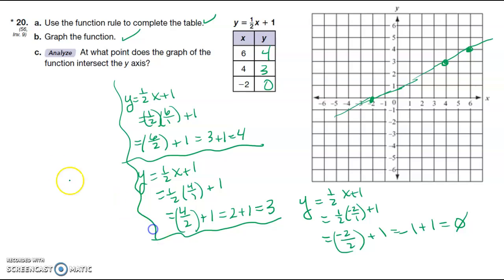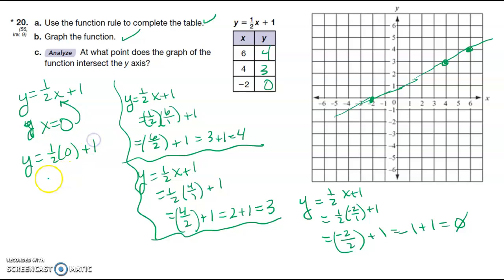The way that we know that it intersects the y-axis is when x is equal to 0. If I plug 0 into x, I get 1/2 times 0 plus 1, which means this is 0, and this is 1. So at 0, 1, and if I draw a line, it would be right there, so that checks out. So this is at 0, 1.